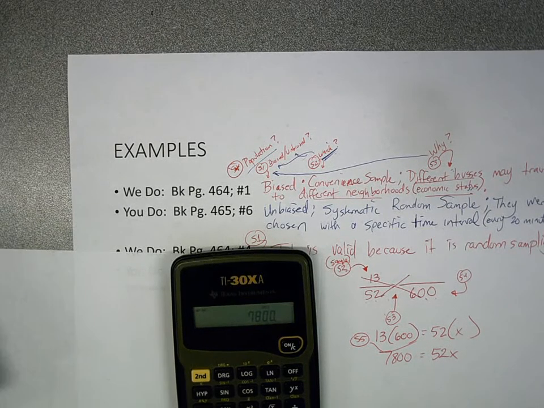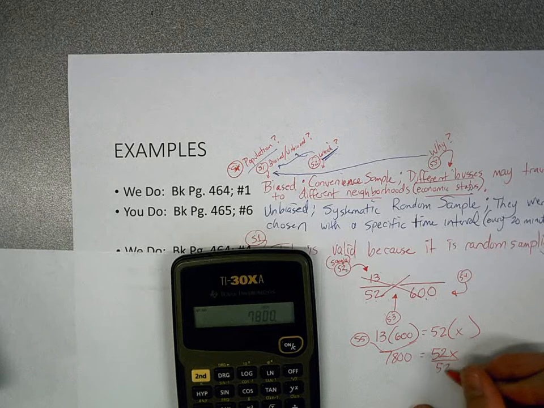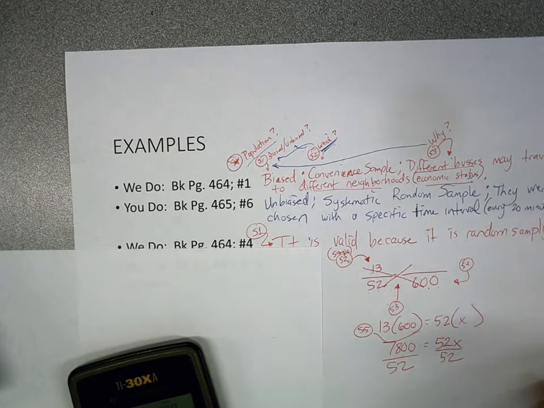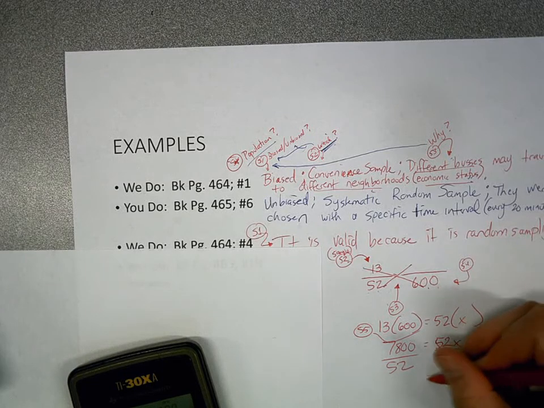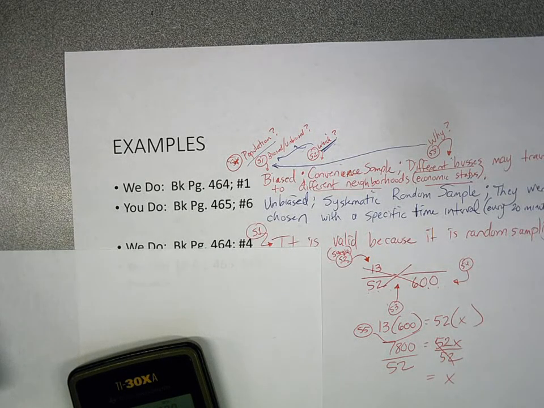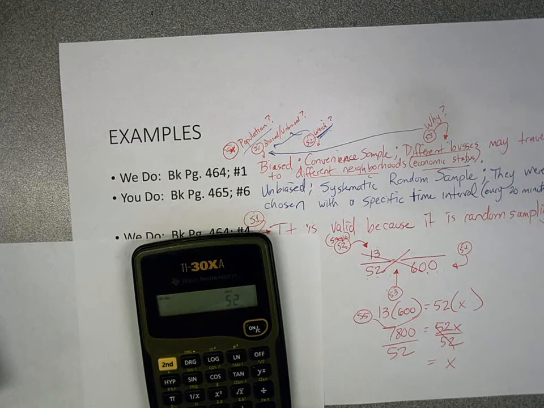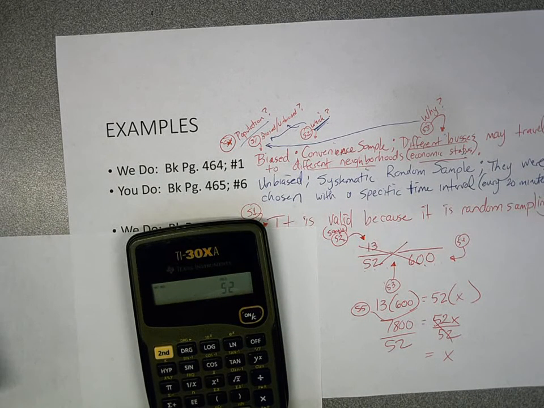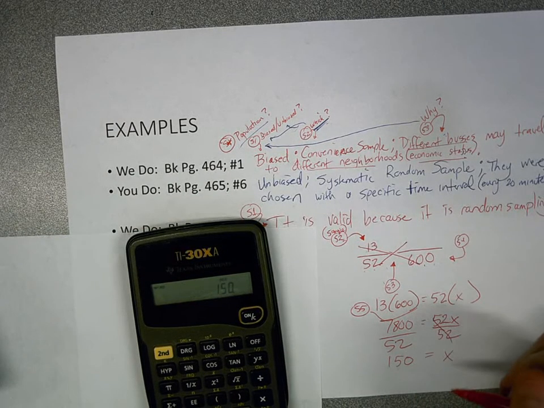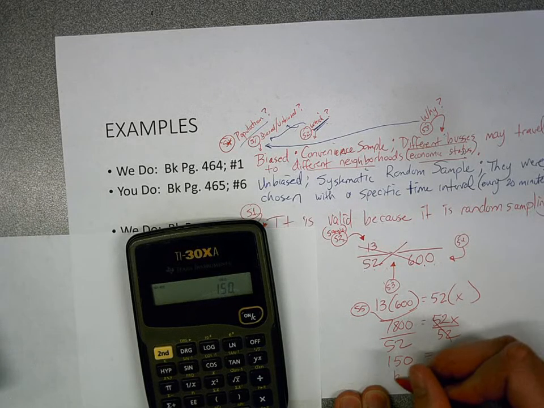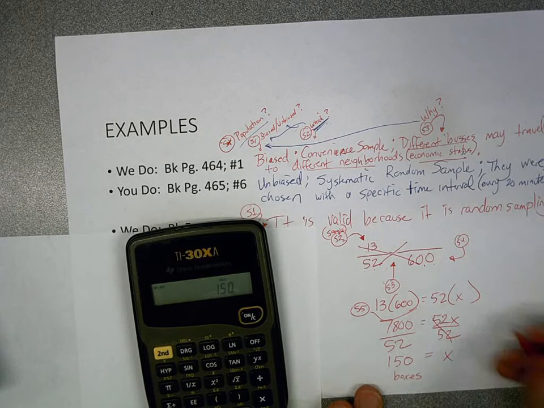Of course, we're dividing both sides by 52, so we end up with x equals 7,800 divided by 52, and we get 150. Now remember, this isn't in people, but it is the fraction part we use. It is 150 boxes.